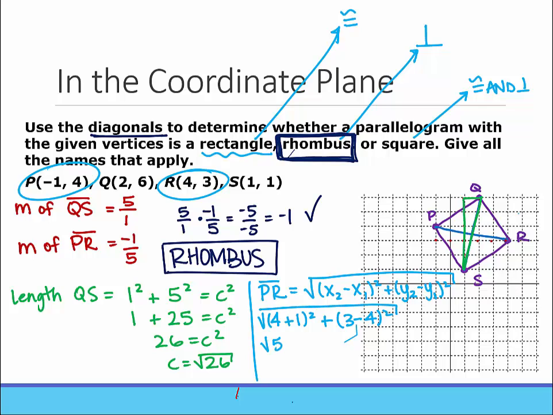So you end up with 5 squared here, plus a negative 1 squared. If you look, you end up with the same thing, 25 plus 1, or the square root of 26. So that proves that we end up with two congruent diagonals here. So that means that this is a rectangle.